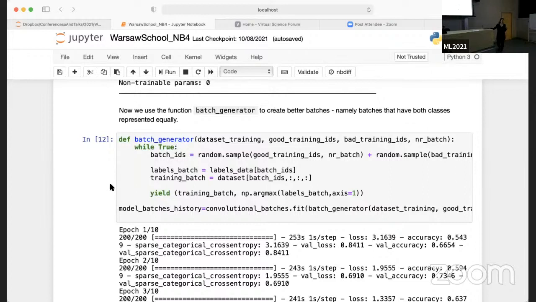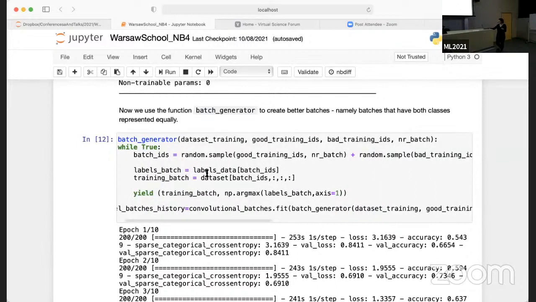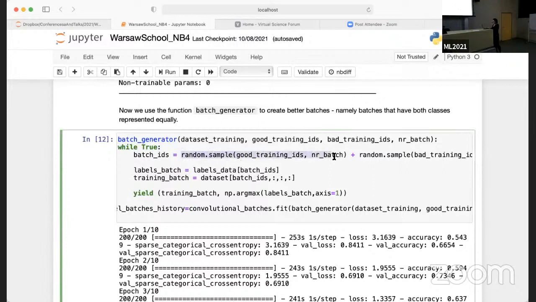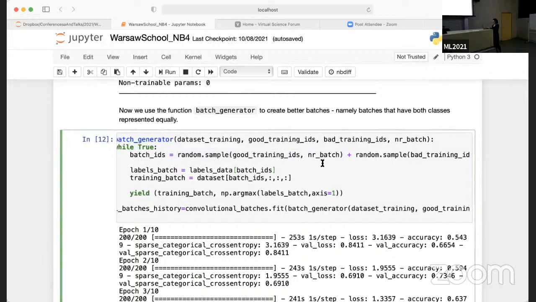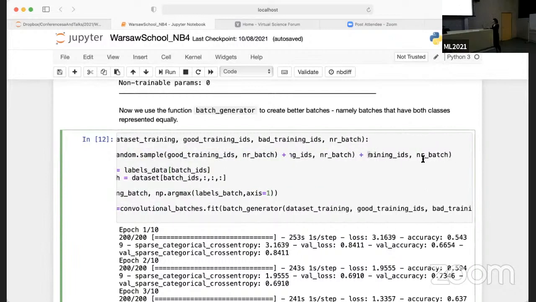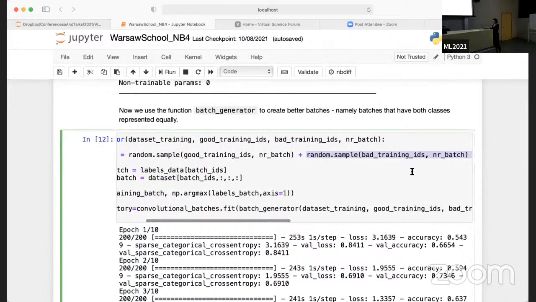You can just write your own batch generator function that, in our case, created batches that randomly samples a fixed number of good training IDs, and then the same fixed number of bad training IDs. So each batch we show has 50% good flakes represented and 50% bad flakes represented. Of course, then I am showing each good flake relatively often.